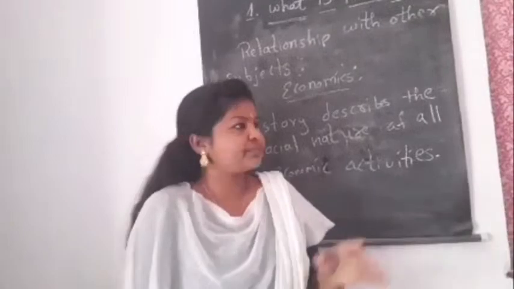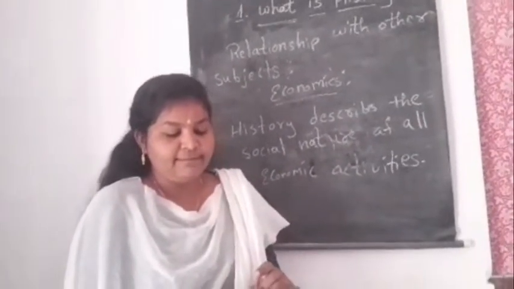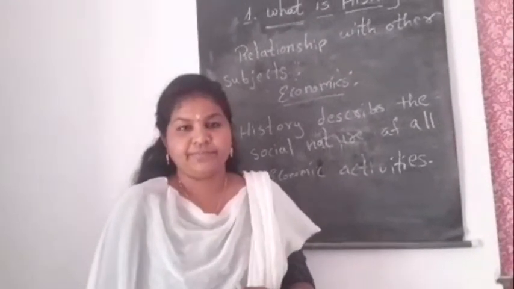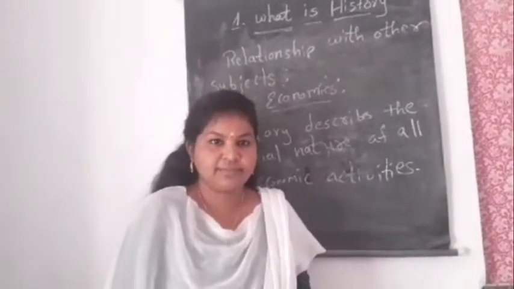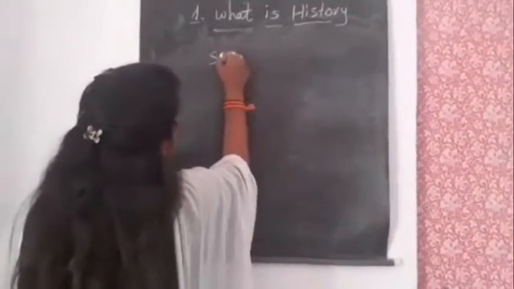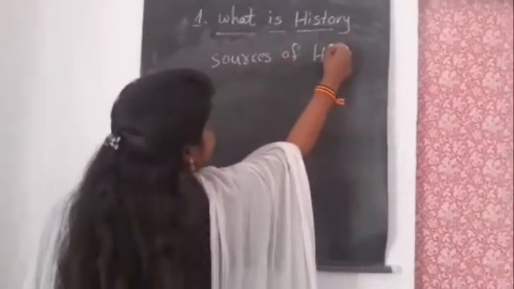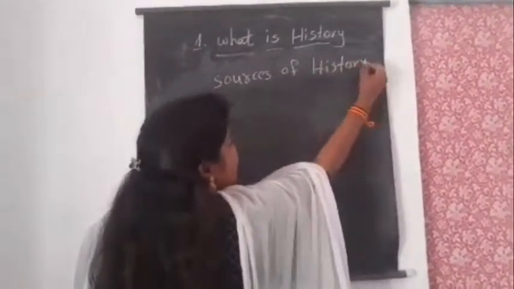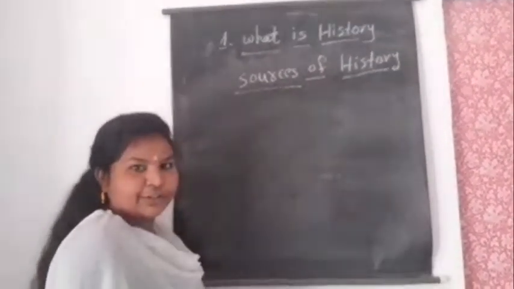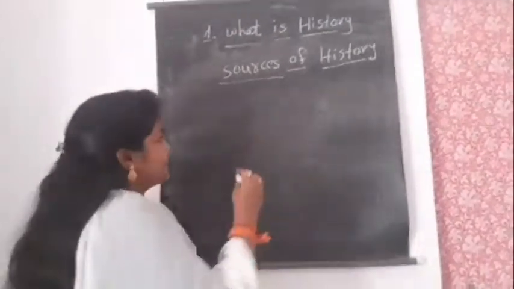Clear? Now we come to the final subtopic, sources of history. Now we are discussing the sources of history. There are two sources of history in this lesson. What is the first source? Archaeological sources, and the second one is literary sources.